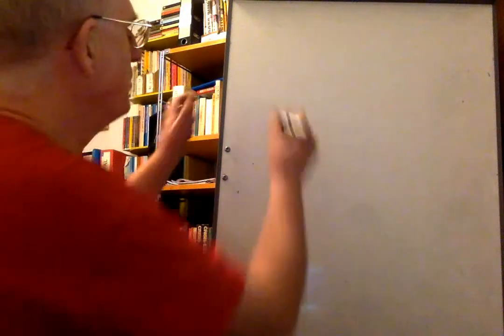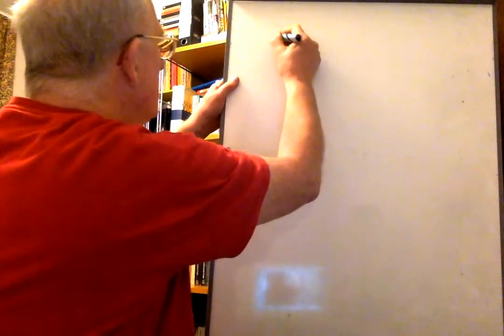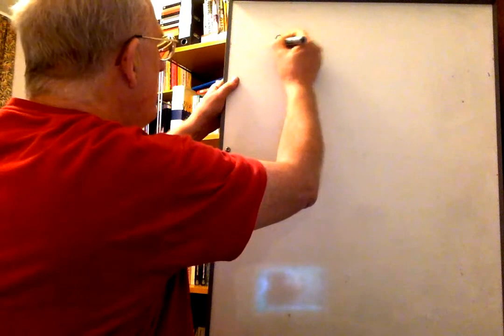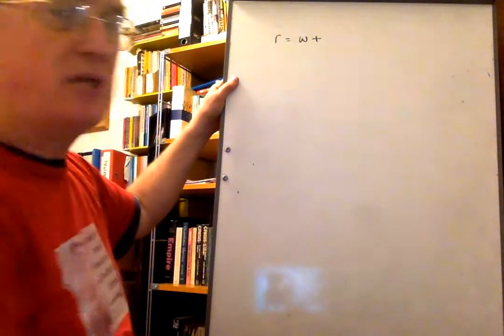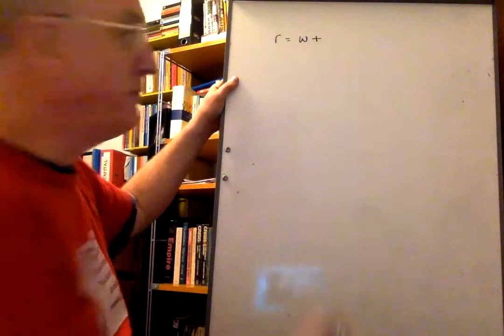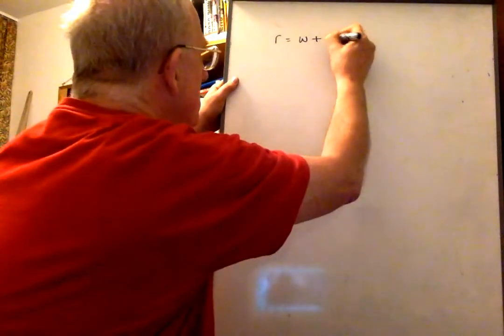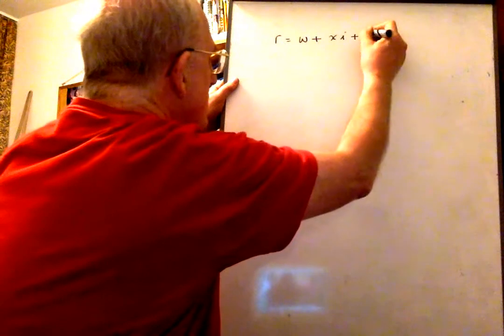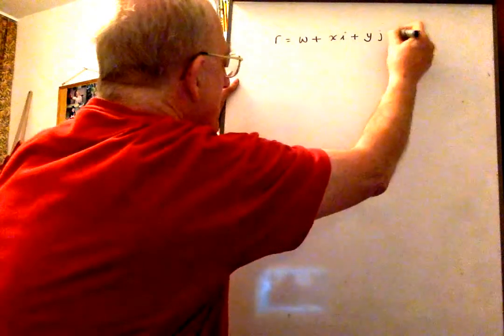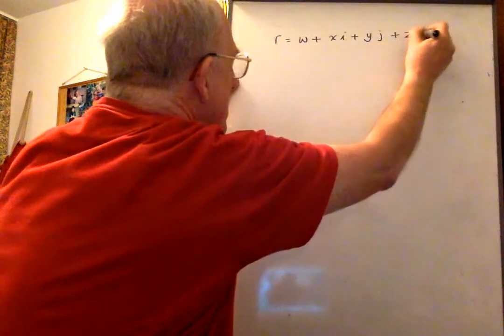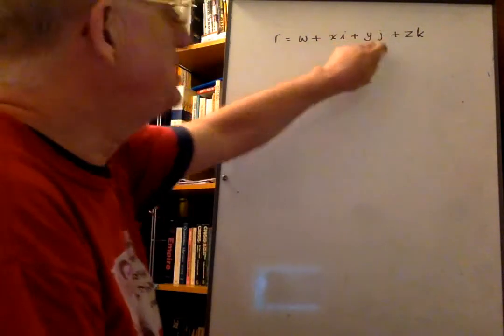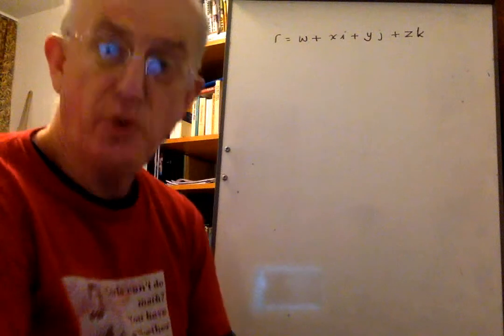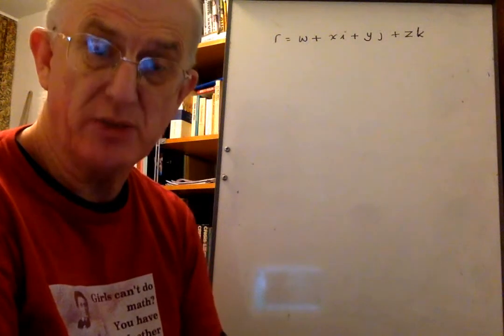So, if I called a quaternion R, it would have a real part, and it would have three imaginary parts. i, j, and k are three square roots of minus 1.